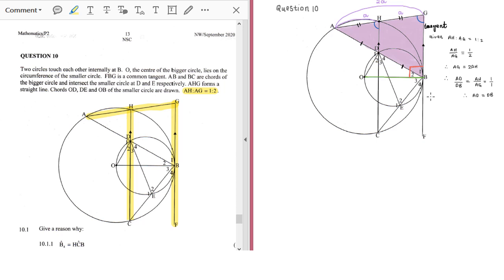In the same breath, because remember we have two circles here that are sharing this tangent, this tangent is a common tangent. So we have to think both in the bigger circle and in the smaller circle at the same time. So we can use the converse of this theorem now that we have that 90-degree angle over there.